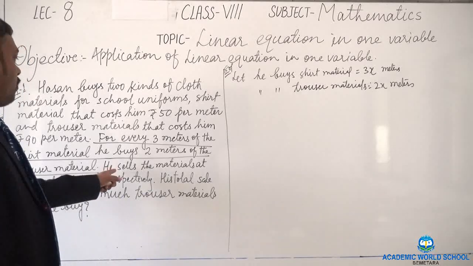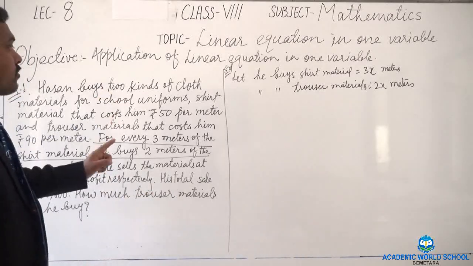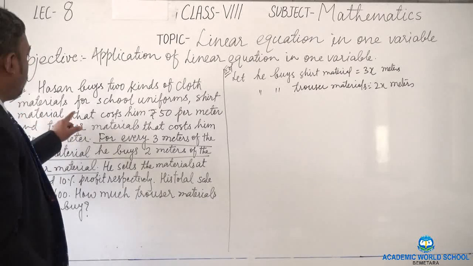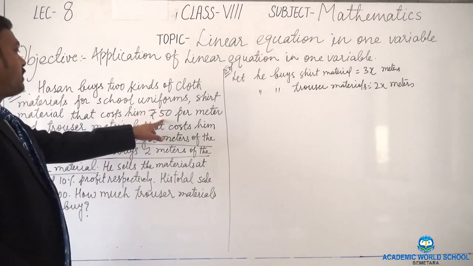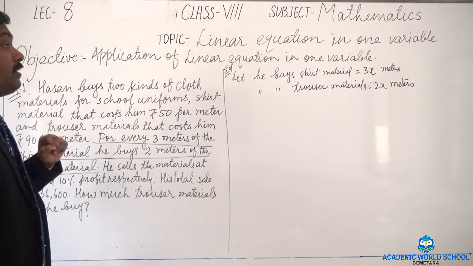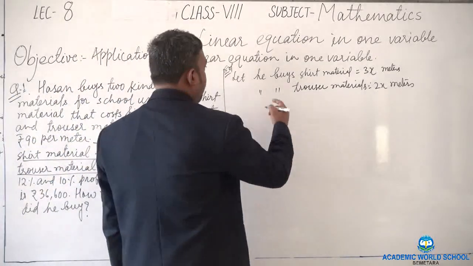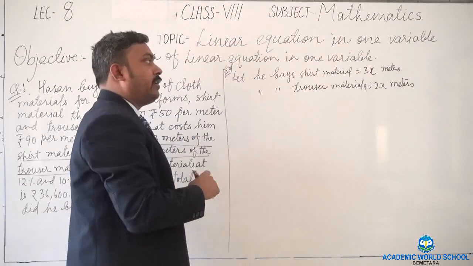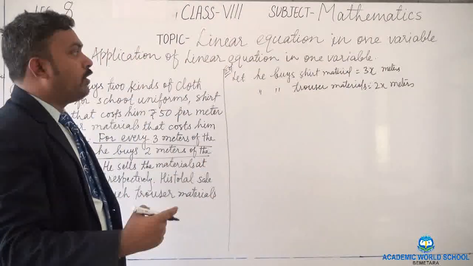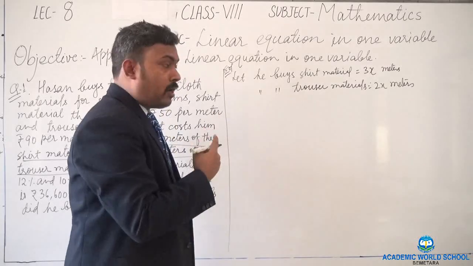Now the cost of 1 meter of shirt material is given and the cost of 1 meter of trouser material is given. So we will find the cost of 3x meter of shirt material and the cost of 2x meter of trouser material.